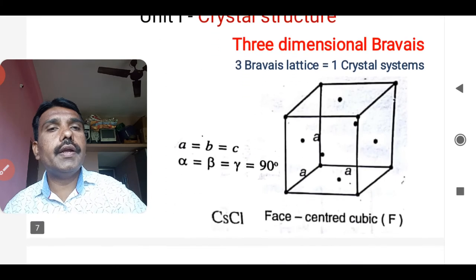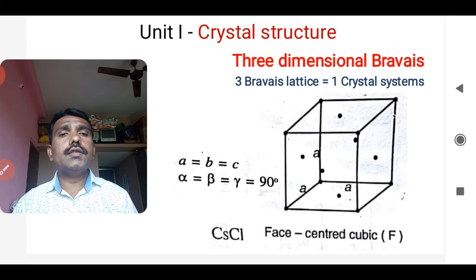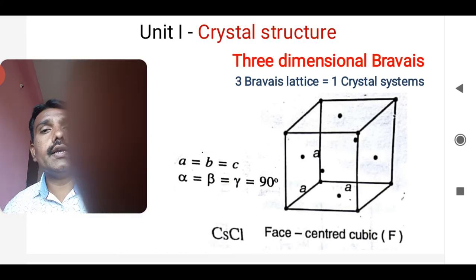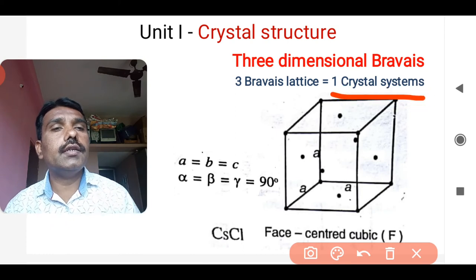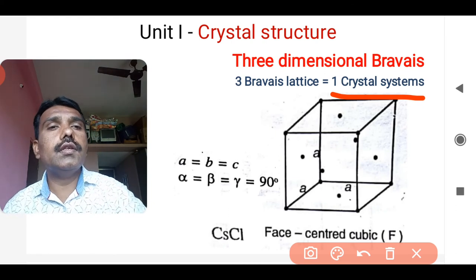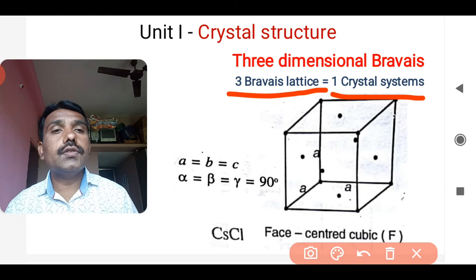The third three-dimensional Bravais lattice is also in the same crystal system, and that's why, as I have written, if the crystal system is the same, I have taken it as the type of crystal system we are learning. This is the number, that is 14 Bravais lattices we will learn, and this one is the third one.